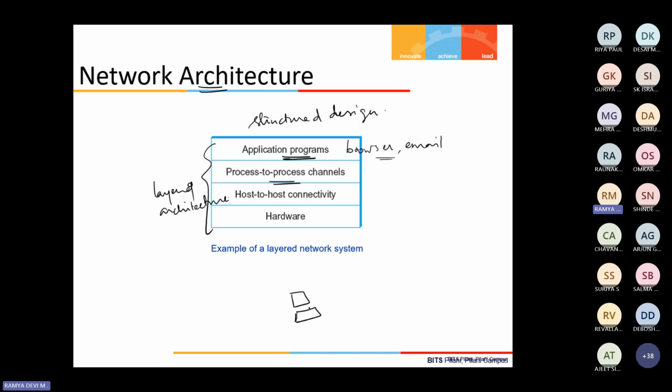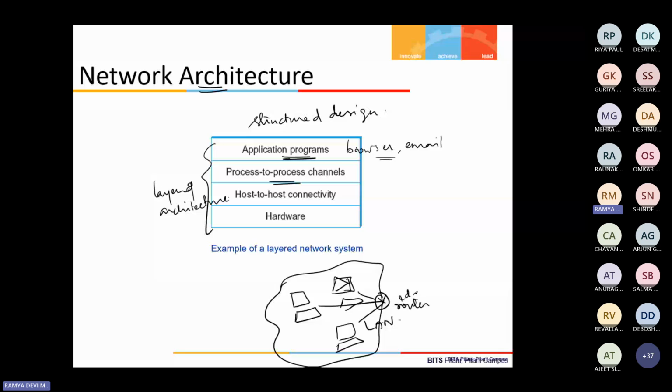This is my local area network. At the edge, I have a router, which we'll call an edge router. It will be connected to core routers. Interconnections will be there, and some other system will be connected.